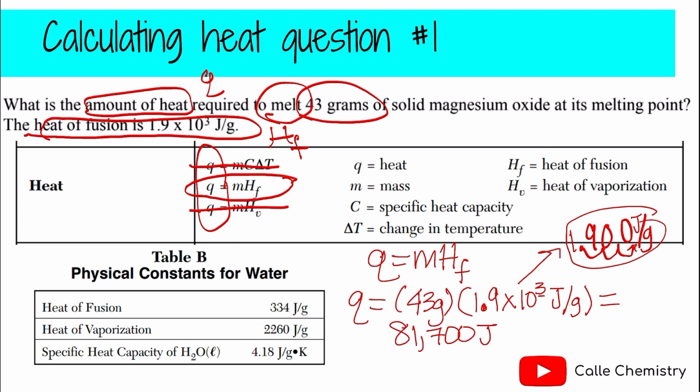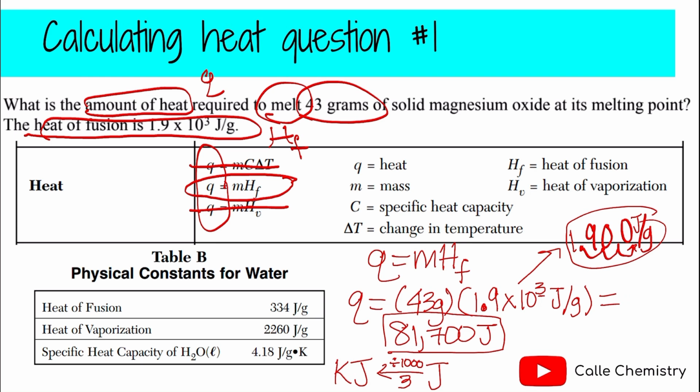Your answer is in joules. In order to go from joules to kilojoules, there are 2 ways. You can either move the decimal 3 places to the left, or divide this by 1,000.